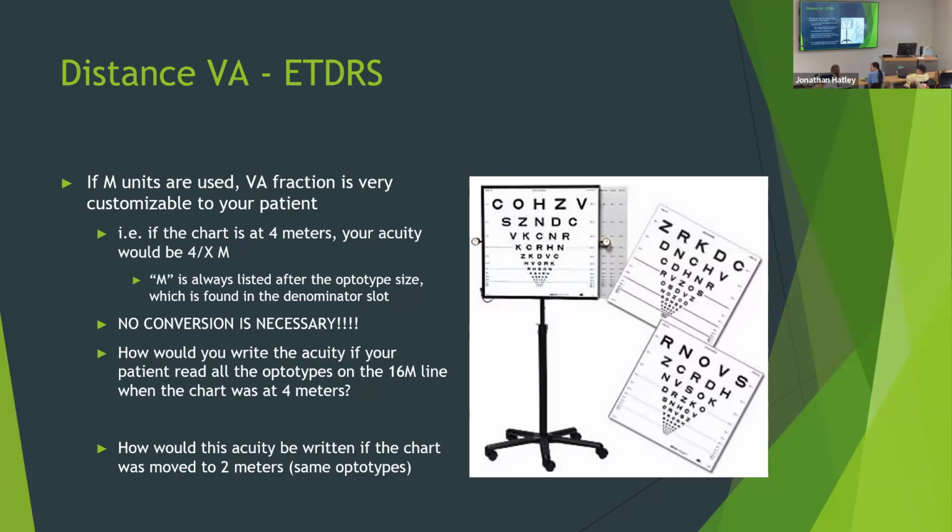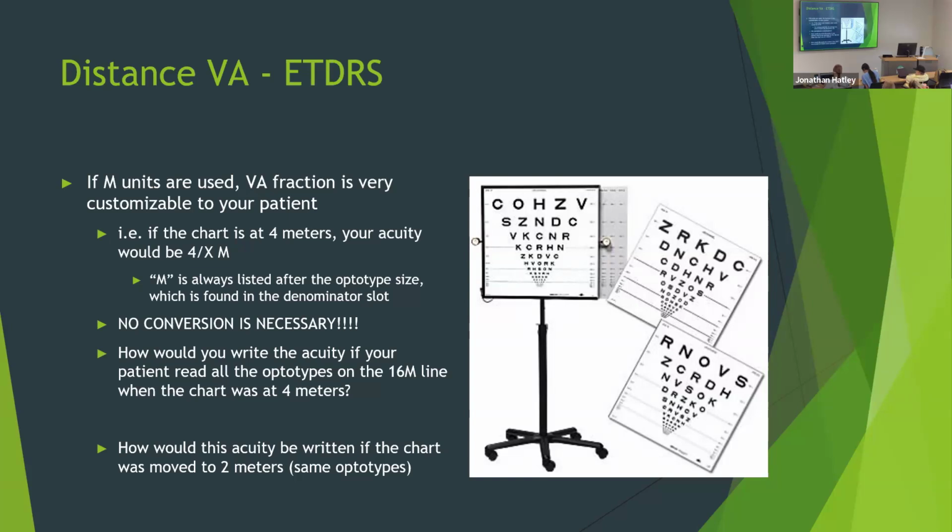So these same charts will have lists of numbers on either side, and they'll have logMAR, they'll have decimal, they'll have Snellen acuity, and that Snellen acuity is the one that can throw us off just a little bit, because what that calibration means is that at 4 meters, then whatever the Snellen acuity that's listed on the side is accurate.